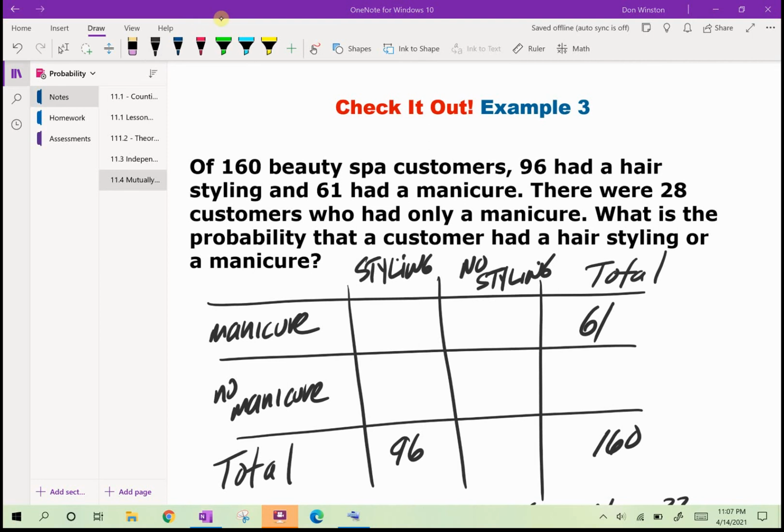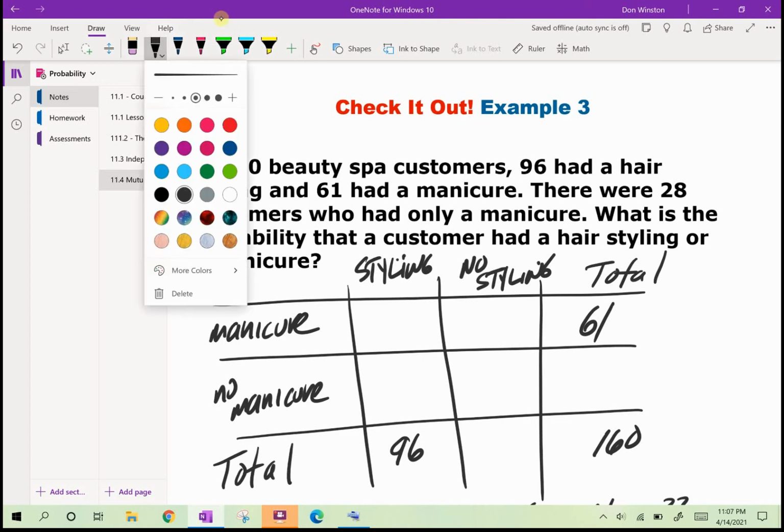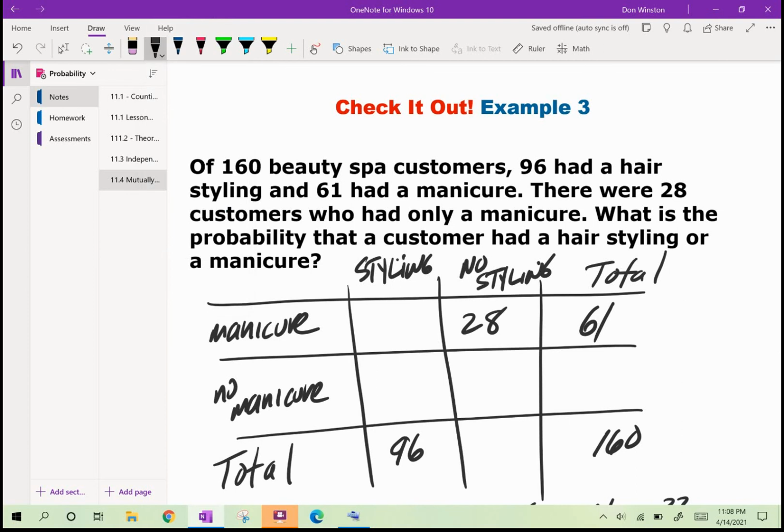So let me put that in red. They didn't have styling. So 28 customers who only had a manicure, no styling included. They gave me that, so let me put that there. I'll use the red for the ones I want to fill in. So with that, I can fill in the rest here.